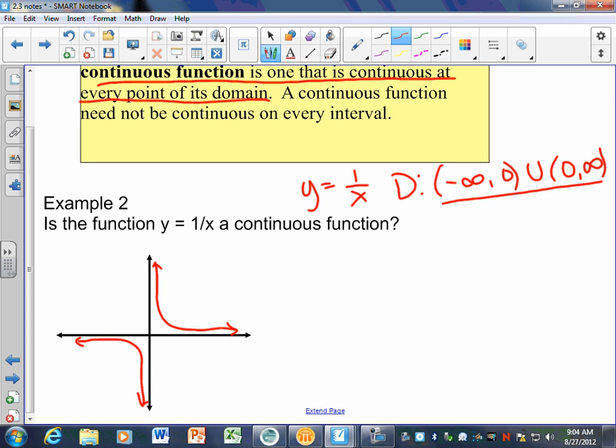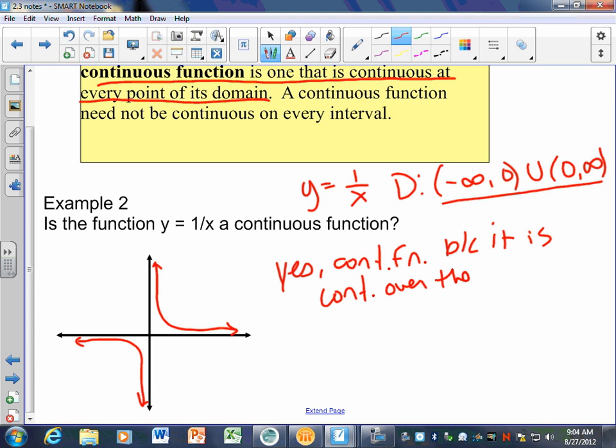So here's what we can say. We can say, yes, it is a continuous function because it is continuous over the entire domain. Right, that would be the domain of this function.